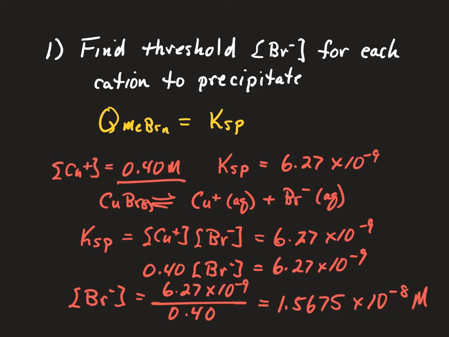So when our bromide ion gets up to this concentration, copper ions will begin to precipitate. This is our threshold. If we go above this, then Q will be greater than our solubility product constant, and precipitation will begin. So now we'll do the same thing for the other two ions.